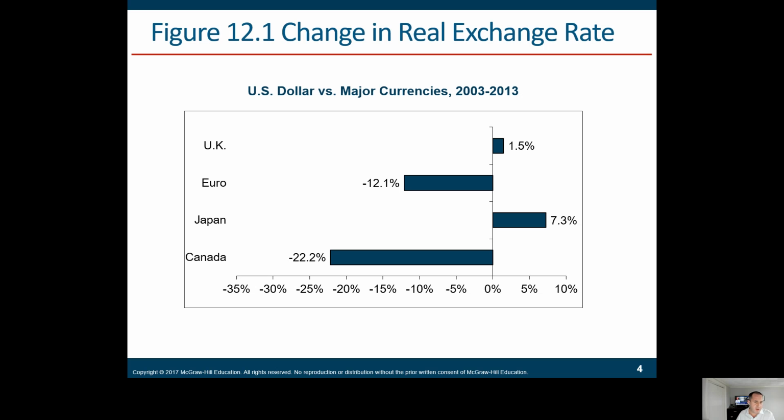From 2003 to 2013, we really saw, for the most part, the dollar get stronger relative to international currencies. Even today in 2020, we've seen the US dollar, before the pandemic, increase in value relative to foreign currencies. That trend has recently reversed.